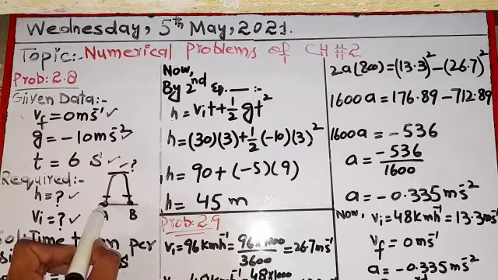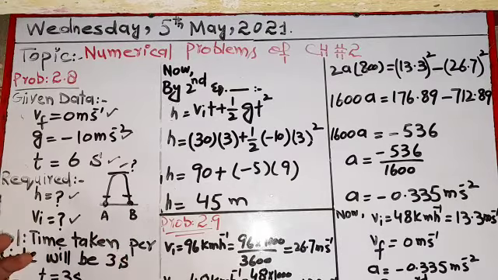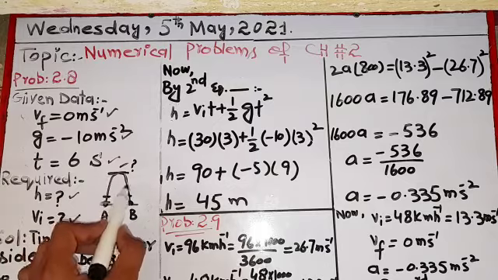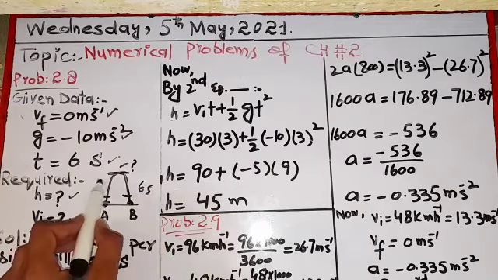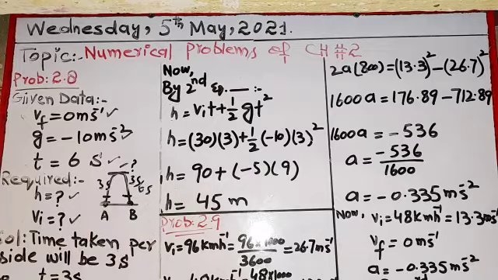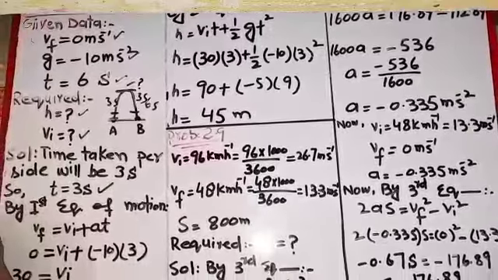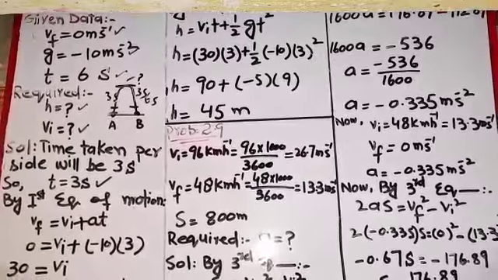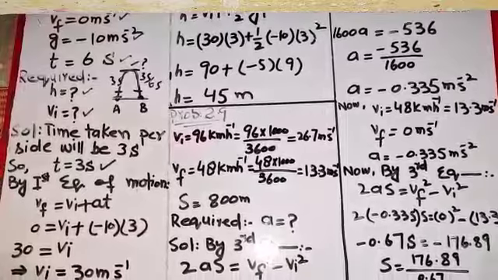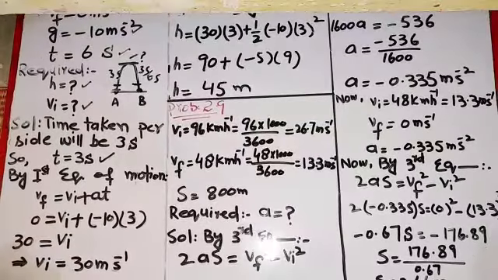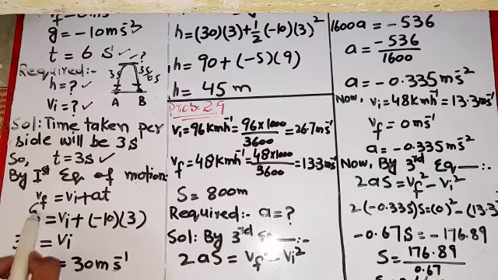If we consider only one side, then this 6 seconds will be halved, so time will be 3 seconds. Now, by using the first equation of motion, Vf is equal to Vi plus at. Vf is 0.